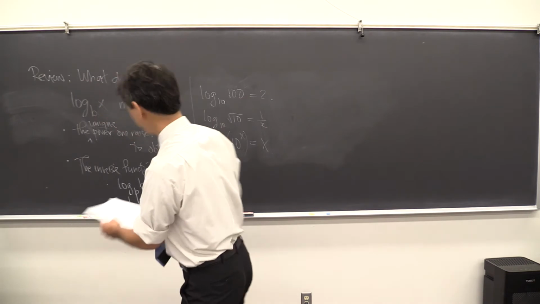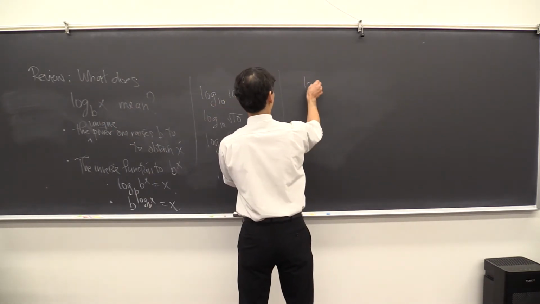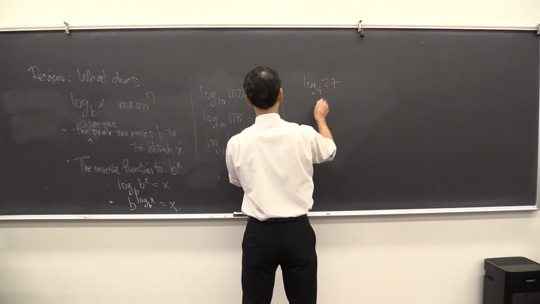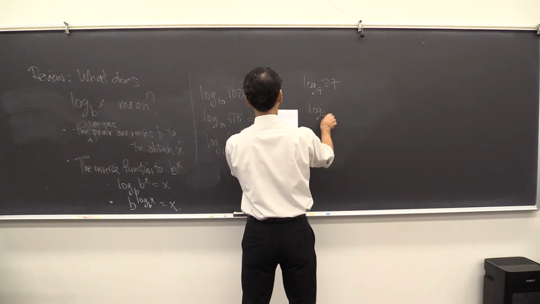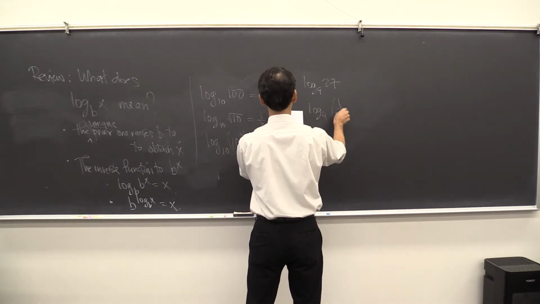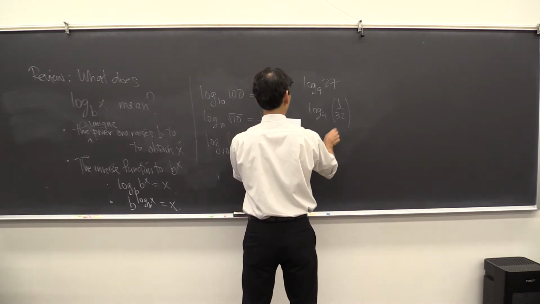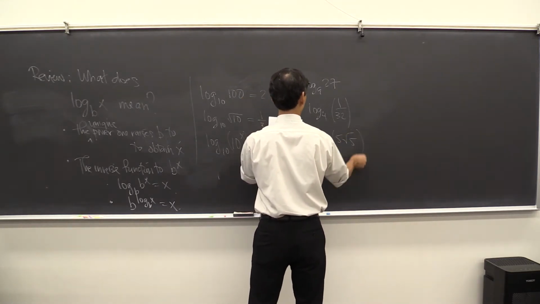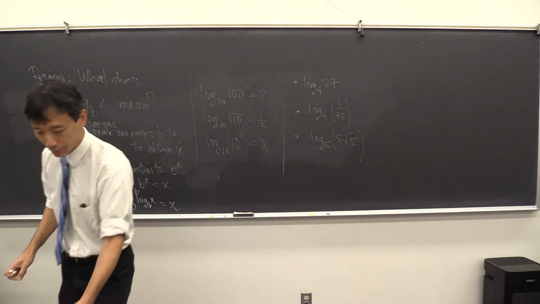Let me have you do a couple on your own, just to wake you up. Log base 9 of 27. Log base 4, so these are a little tricky, log base 4 of 1 over 32. Log base 5 of 5 times the square root of 5. Okay, so take a minute and see if you can get those.